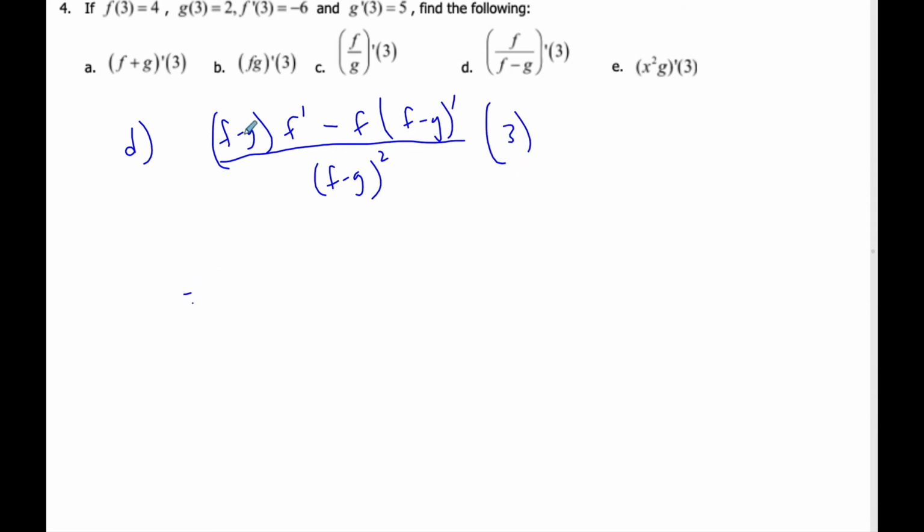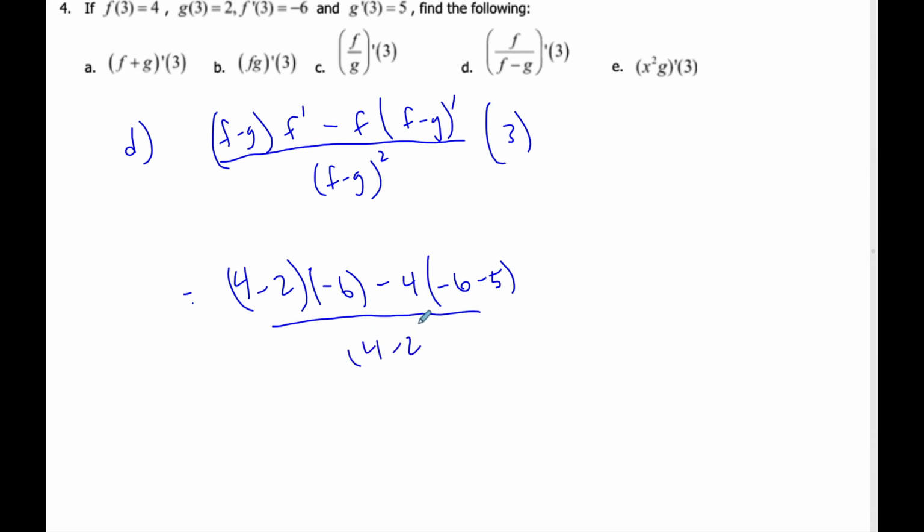And so now I'm just going to do f at 3, which is 4, minus g at 3, which is 2, times the derivative of f at 3, which is -6, minus f at 3 again, which is 4, minus the derivative at 3 of f, which is -6, and then g is 5, so it's -6 minus 5, over 4 minus 2, because f at 3 is 4, g at 3 is 2, and that is going to be squared.